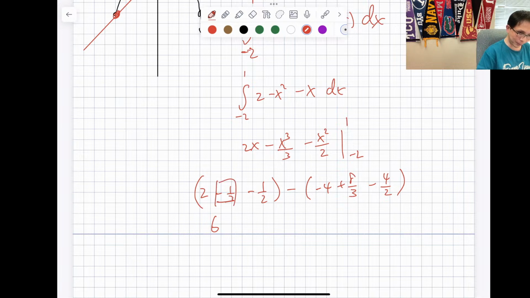This part and this part, it's going to be what? Negative 3, actually, because negative 1 minus 8 over 3, which is negative 9 over 3, is minus 3. See, I don't have to add fractions too much. And the 1/2 plus 2. So 1/2 plus 2 is going to be plus 3 over 2, right?